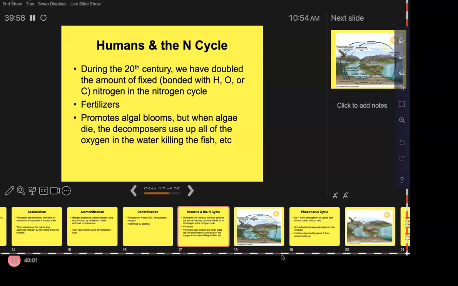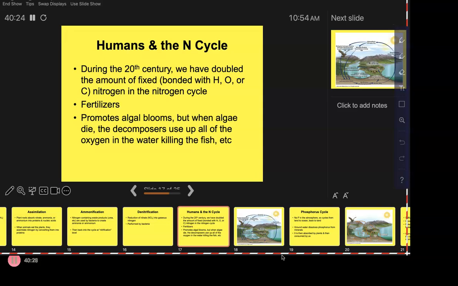But so, fertilizers. We talked about the algal blooms already. So that's what it does. And again, that not just keeps you out of the lake, that could end up killing the organisms in the lake, because the algae have a huge influx of food, but they need other things.